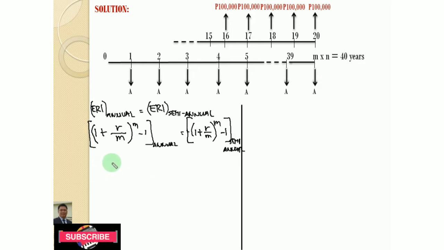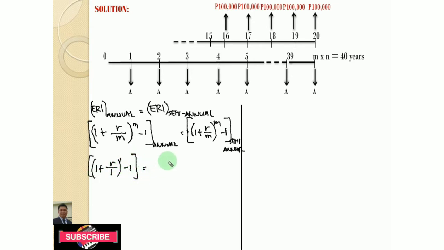So from the given, the value of our r here, the nominal rate of interest, is unknown. And the only given value for the nominal rate of interest is the r of the semi-annual, which is equal to 8%. So substituting, we have 1 plus r, and since this is annual, over 1, and then raise this to the 1 minus 1, okay?